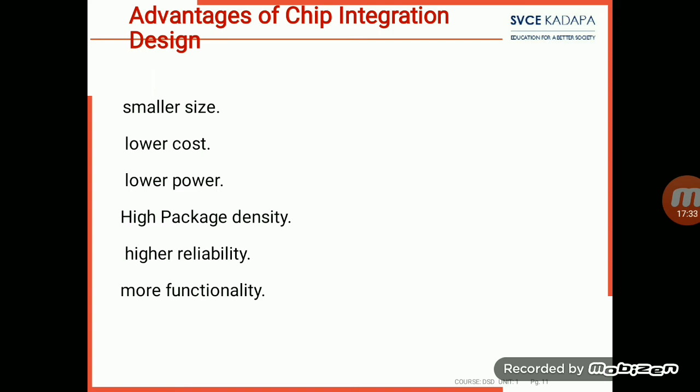That is high package density. High reliability means the lifetime of the device is more. More functionality means we can use a single IC for multiple functions based on our requirements. So these are the advantages of digital system design or chip integration design. This is also important for 2 mark questions.